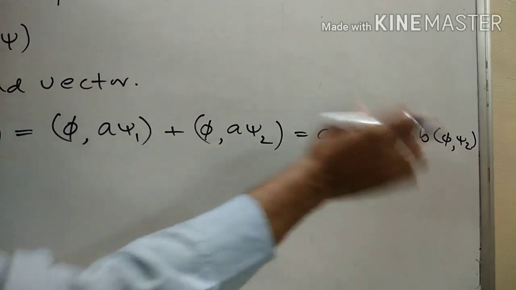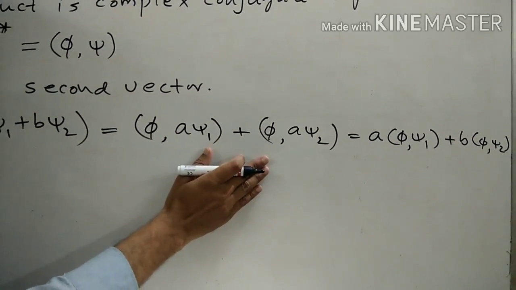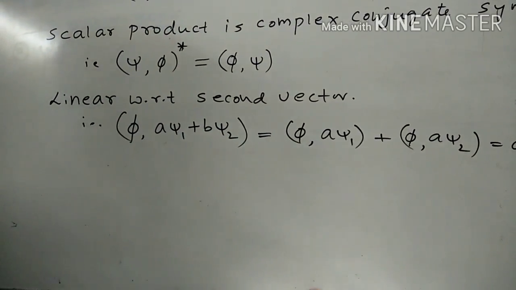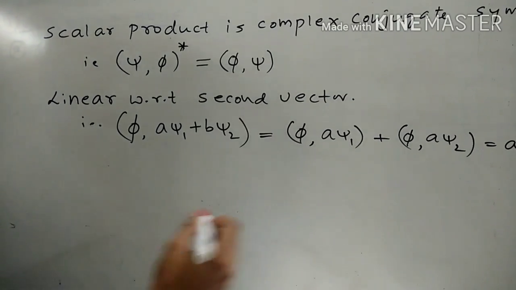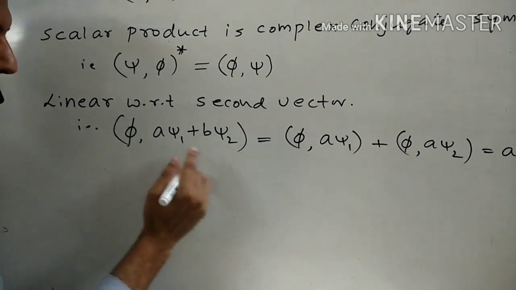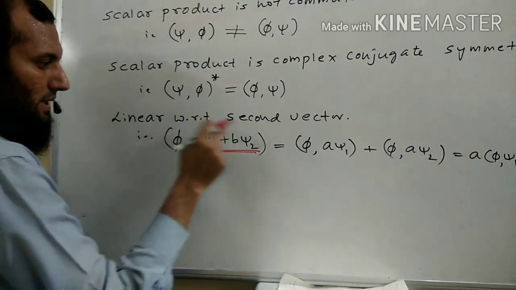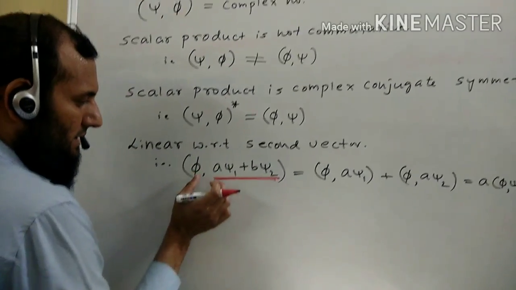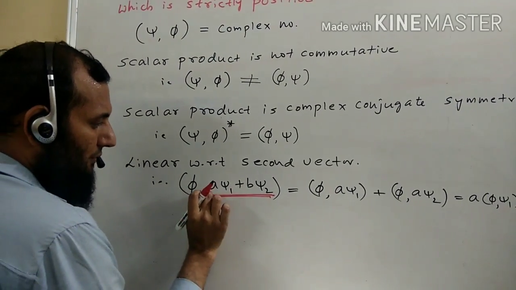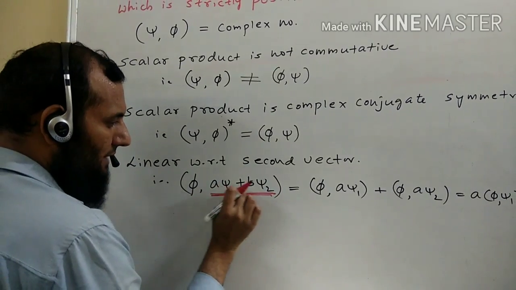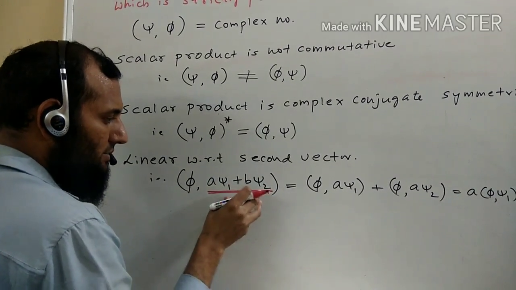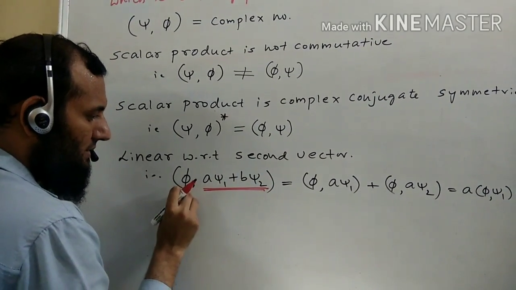So the scalars are taken out, and this property is called linear with respect to the second vector. You can ask, so many vectors are there, but in this scalar product, if we do the operation a psi 1 plus b psi 2, we get one more vector. So this is the second vector, and this is the first vector.